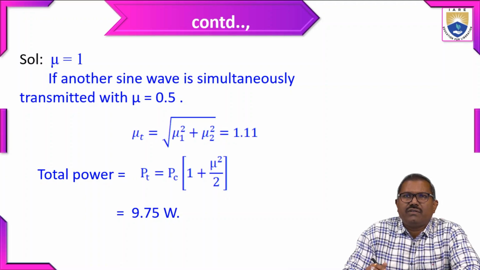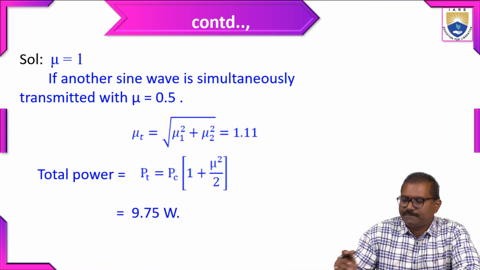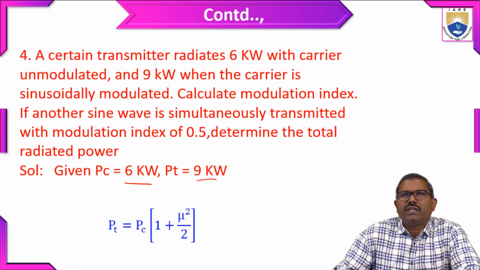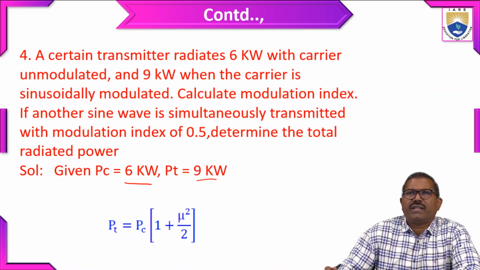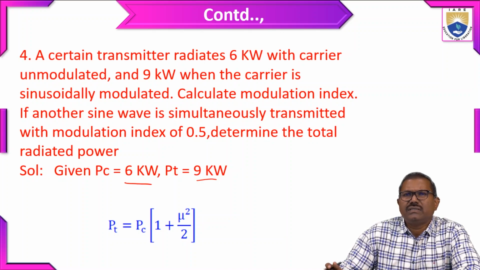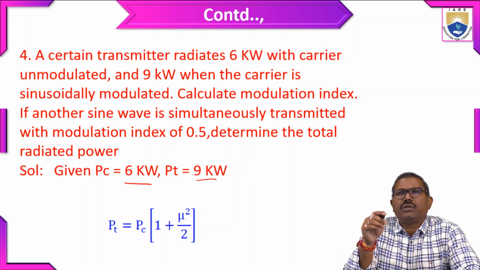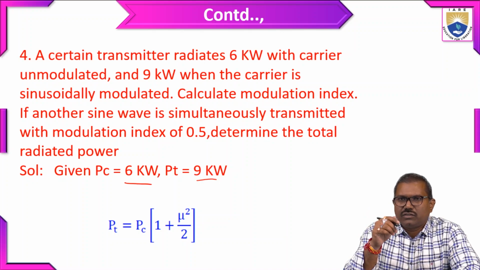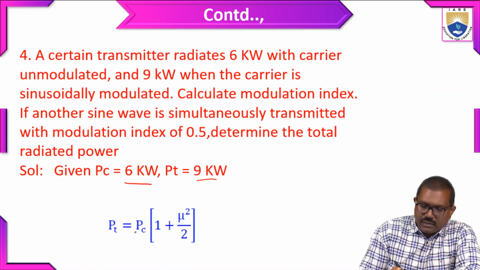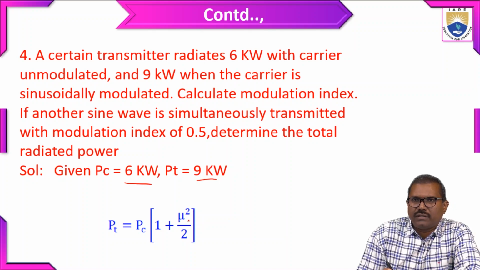But another sine wave is simultaneously transmitted with mu equal to 0.5. Here, two conditions. If another sine wave is simultaneously transmitted with a modulation index of 0.5. Okay. So by using this, here you go to find the mu value in the first case.